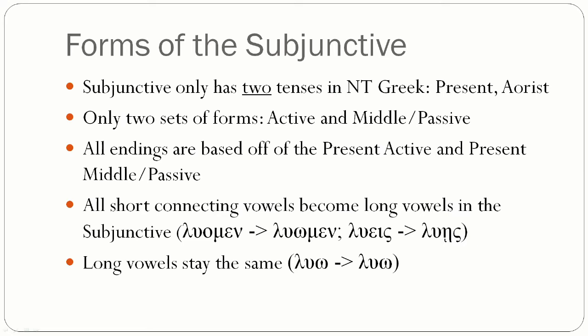That makes it very easy to learn the form, but translation can be a little bit tricky because notice luo becomes just luo, and so if you have that form there, that could be an indicative form, I loose or I am loosing, or it could also be a subjunctive form, I might loose or I might be loosing. Okay, so you just have to study the context.